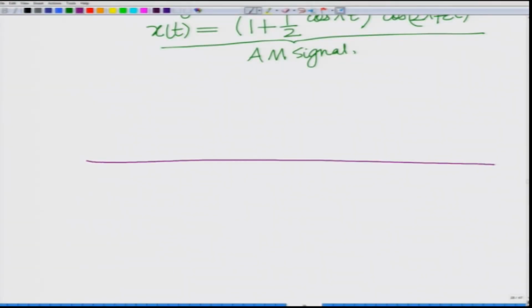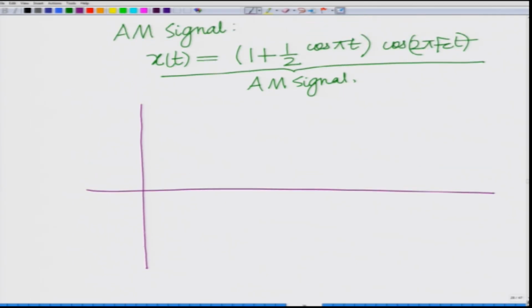Let me first draw the time axis. Now, if you look at this 1 plus half cosine pi t, the maximum value of this is 3 by 2 when cosine pi t equals 1, and the minimum value of 1 plus half cosine pi t will be half when cosine pi t is minus 1.